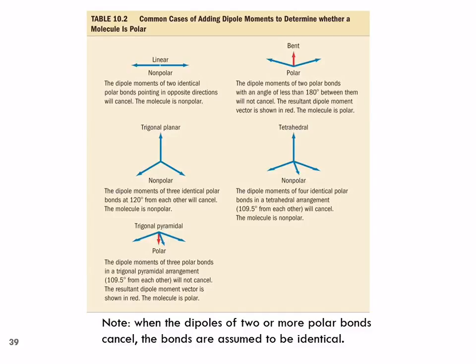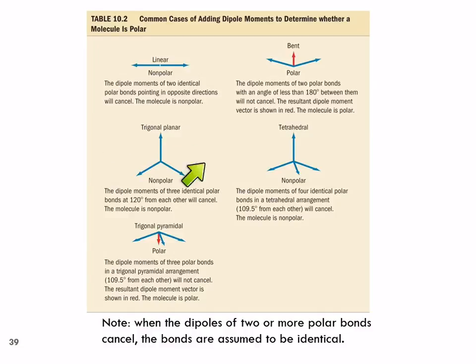So, common situations that happen with molecules. If you have a linear molecule and the magnitudes of these are the same, that's going to add to 0. If you have a bent molecule, if the bonds are polar, the molecule's going to be polar.